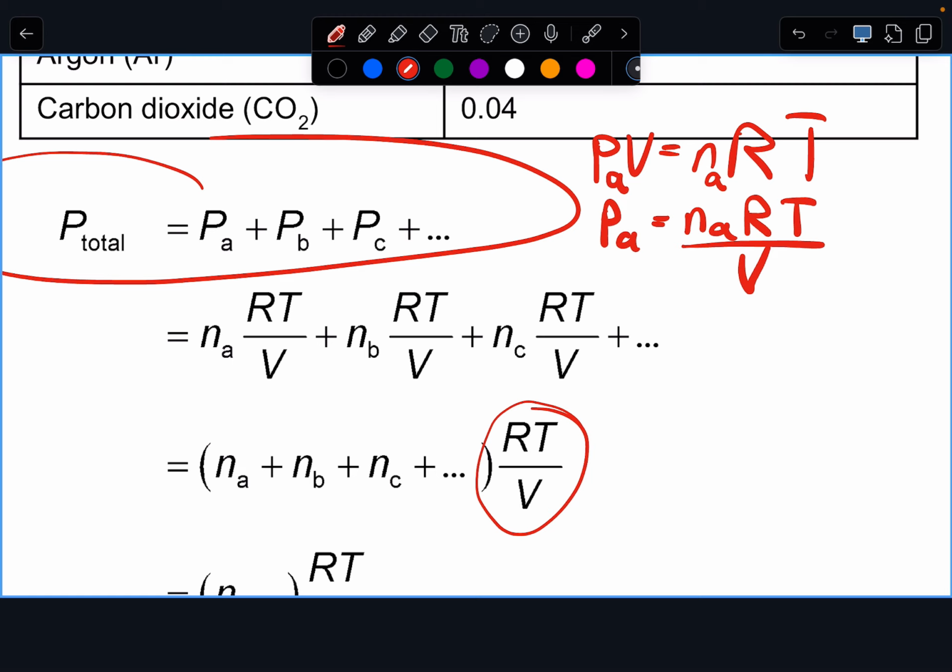Even if you have like helium, that's a single atom, versus CO2, that's 3 atoms, right? They're still going to behave the same as far as how they affect the pressure, based on the number of moles of the gas, whether that's an atom or a molecule. Now, that definitely is an assumption.